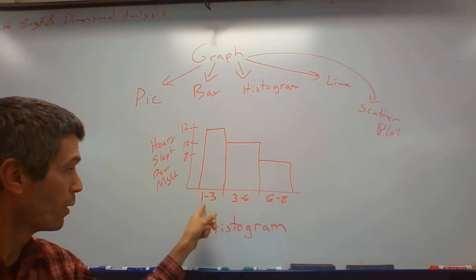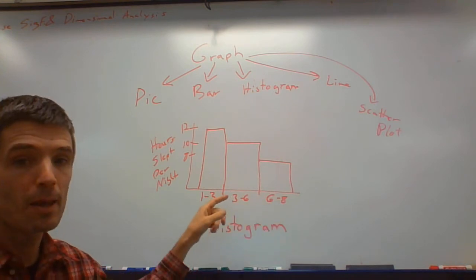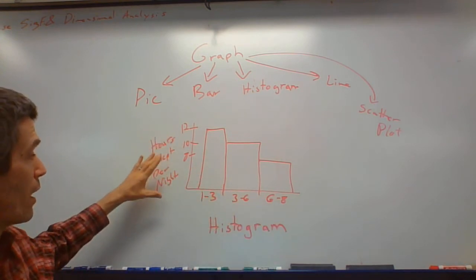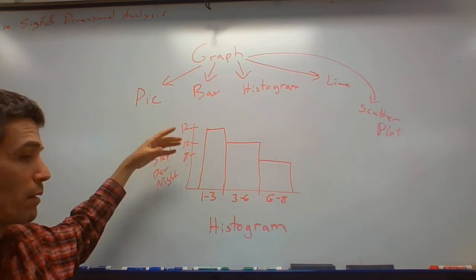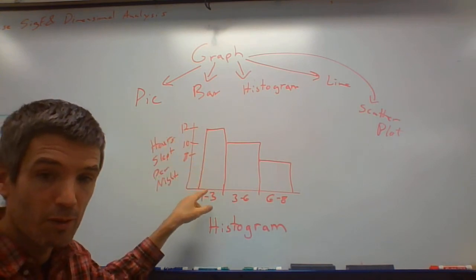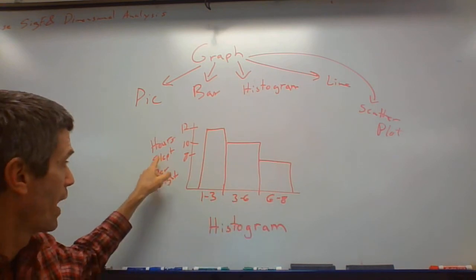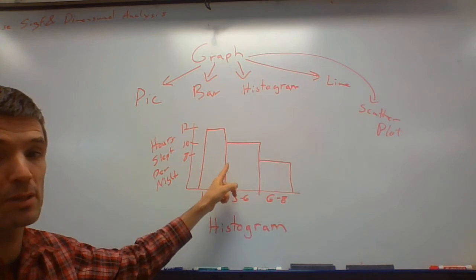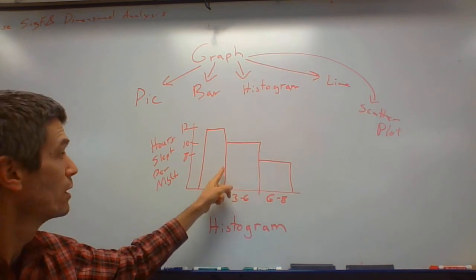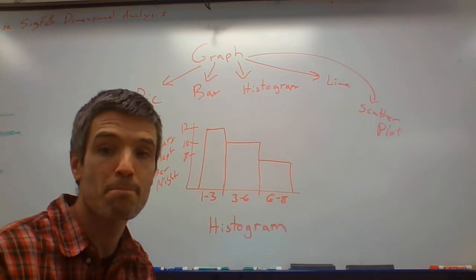So I've got like 1 to 3, 3 to 6, and so on, and that's being graphed against something you've measured for these specific categories. I have here hours slept per night. And one important feature of a histogram is the bars should touch. There should be no space between them.